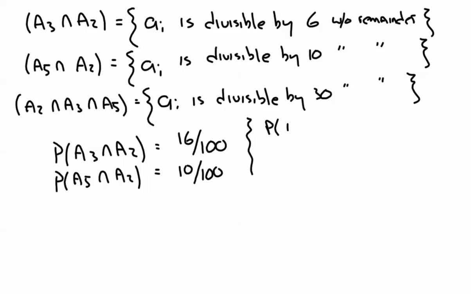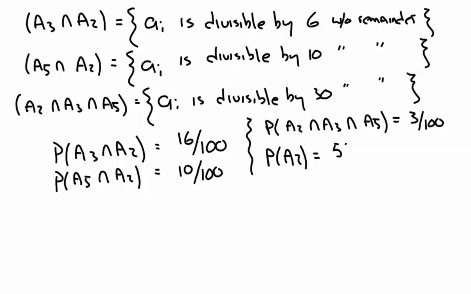Probability of A2 intersect A3 intersect A5 is 3 chances out of 100. There are only 3 integers that are divisible by 30 without remainder between 1 and 100. And then finally, probability of A2 is clearly 50/100ths. All right, there are 50 even integers between 1 and 100.